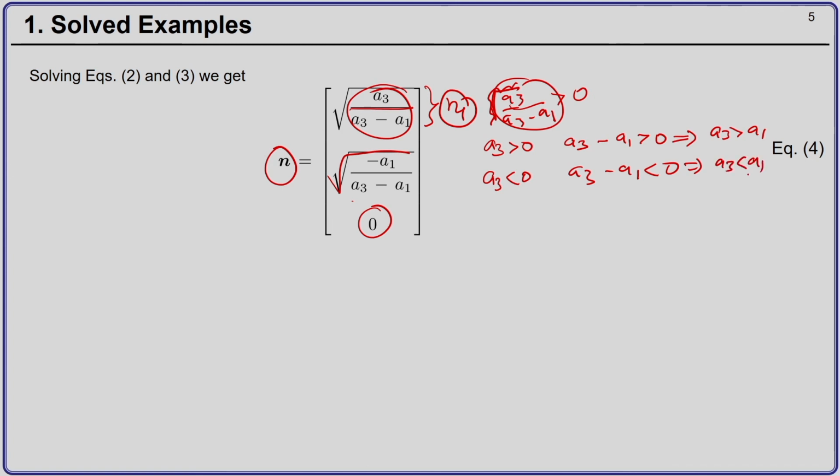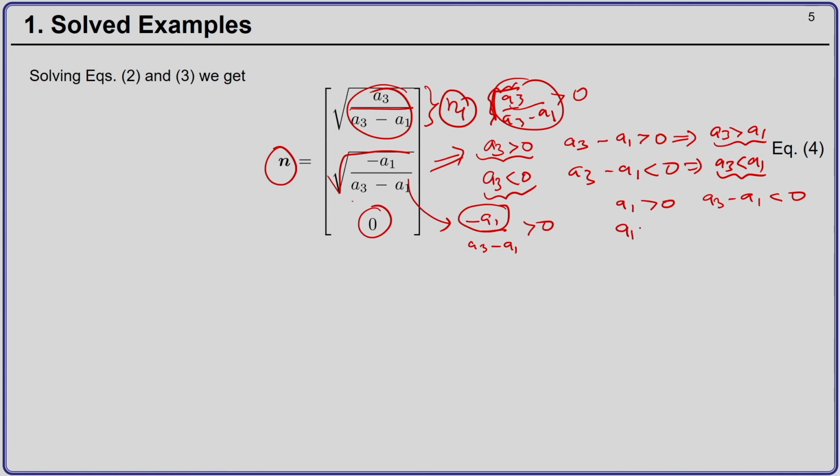So, the first constraint on a1 and a3 is: if a3 is greater than 0, then a3 has to be greater than a1, and if a3 is less than 0, then a3 has to be less than a1. Now, consider the second component. Here, minus a1 upon a3 minus a1 has to be greater than 0. If a1 is greater than 0, then minus a1 is negative, which means that a3 minus a1 has to be less than 0.